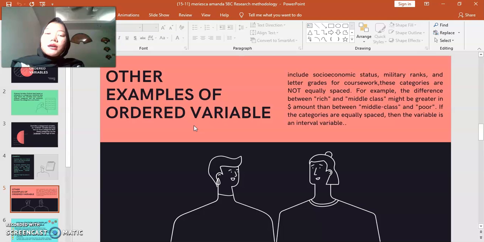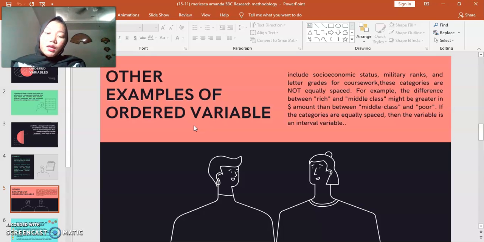Now consider a variable like educational experience, like elementary school, high school, some college, and college graduate. Even though we can order these from lowest to highest, the spacing between the values may not be the same across the levels of the variable.